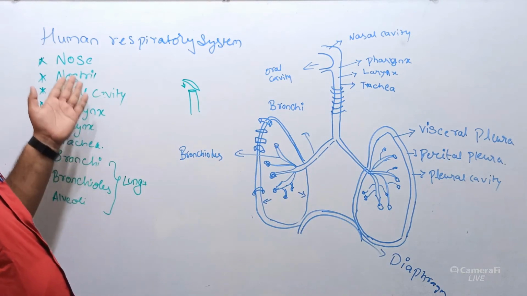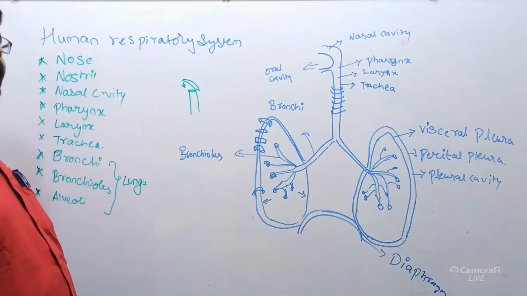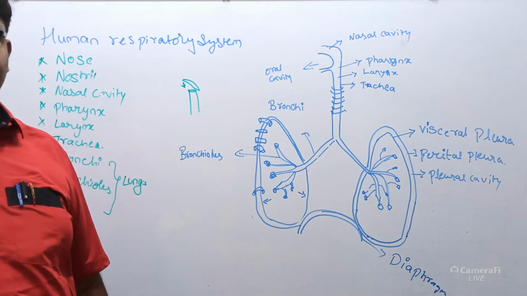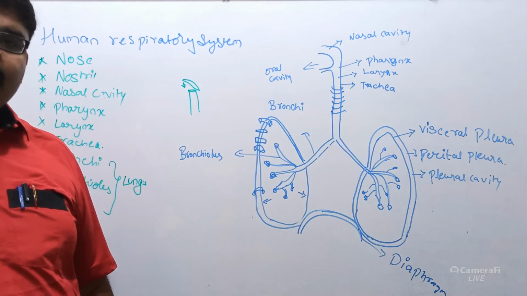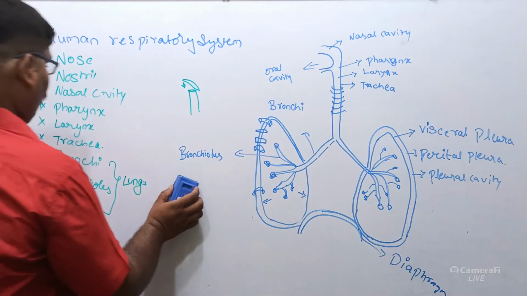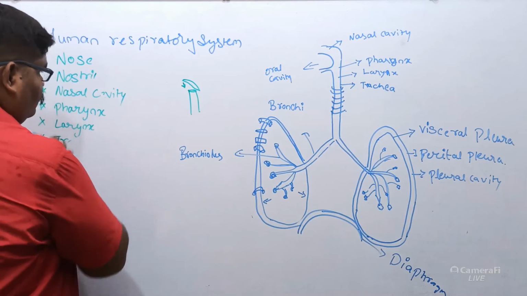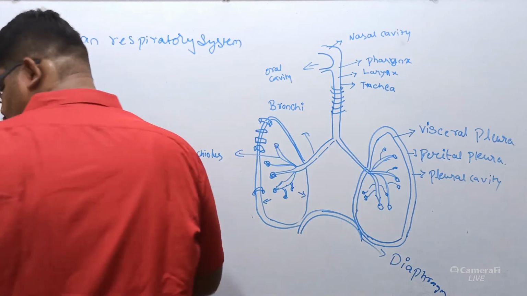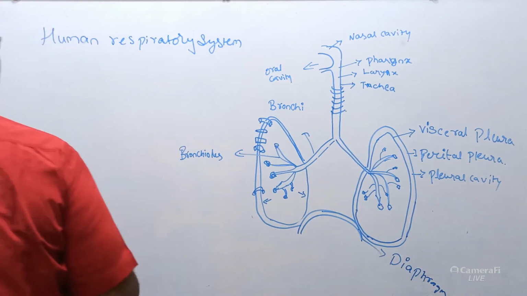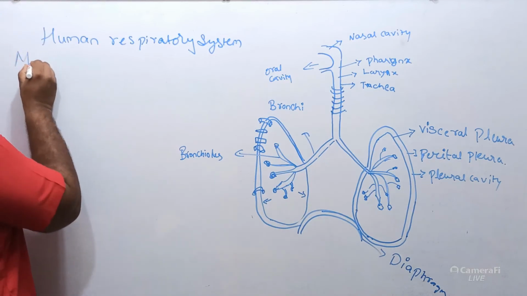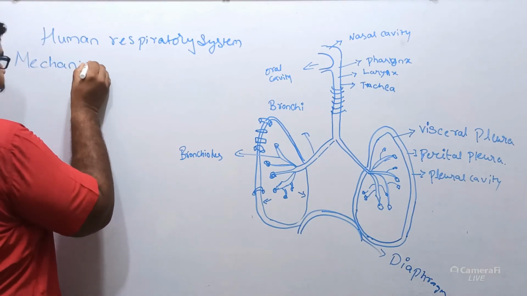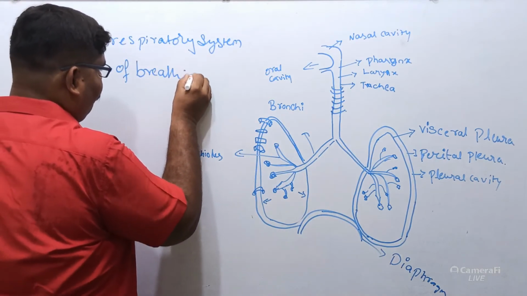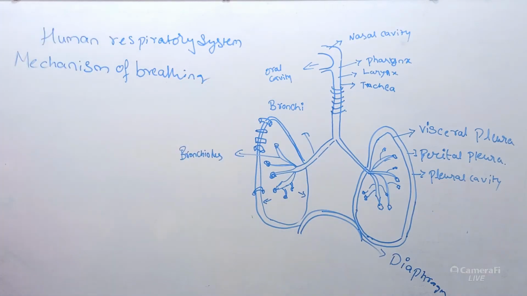Now, after knowing about the contents of the human respiratory system, let us understand the mechanism of breathing. The mechanism of breathing involves two steps.